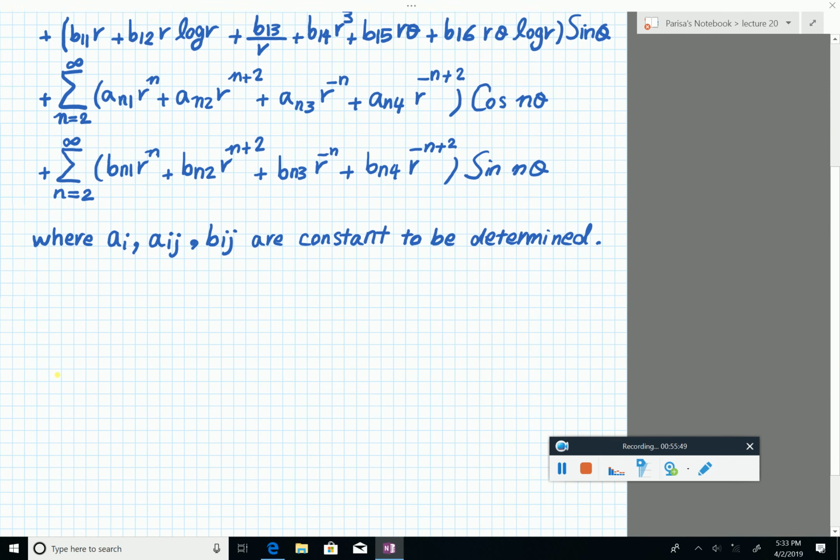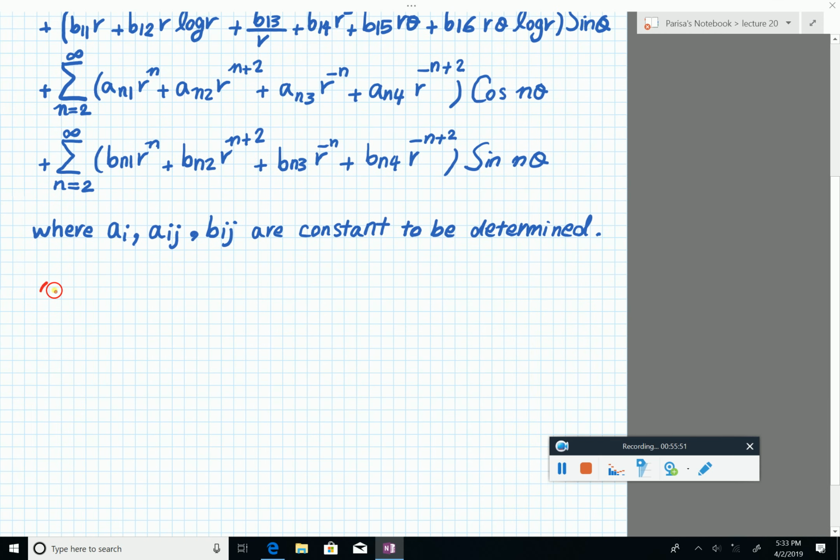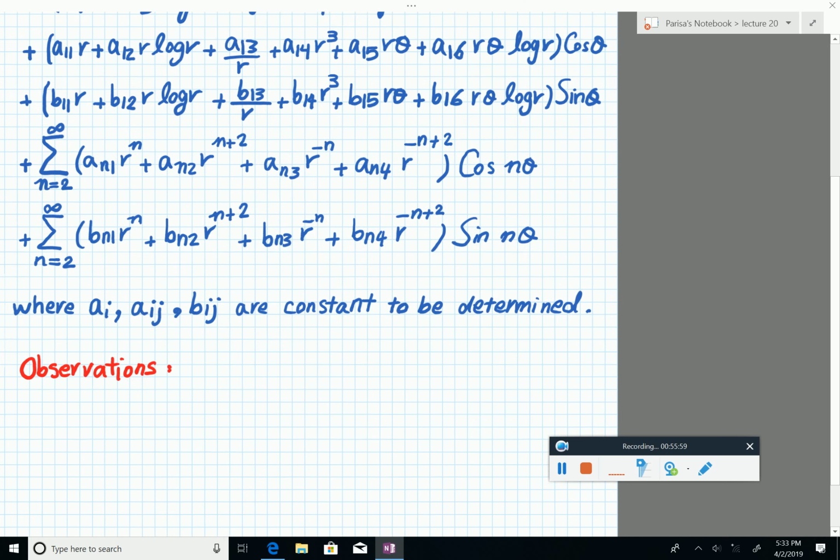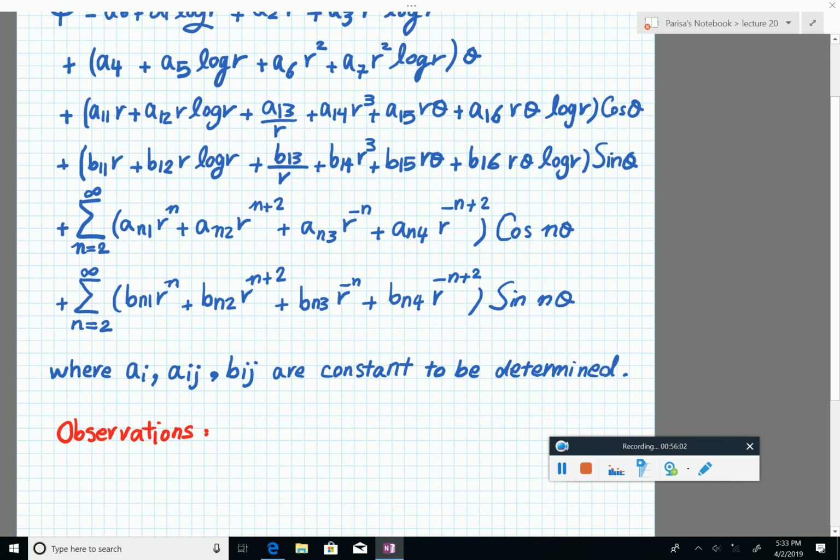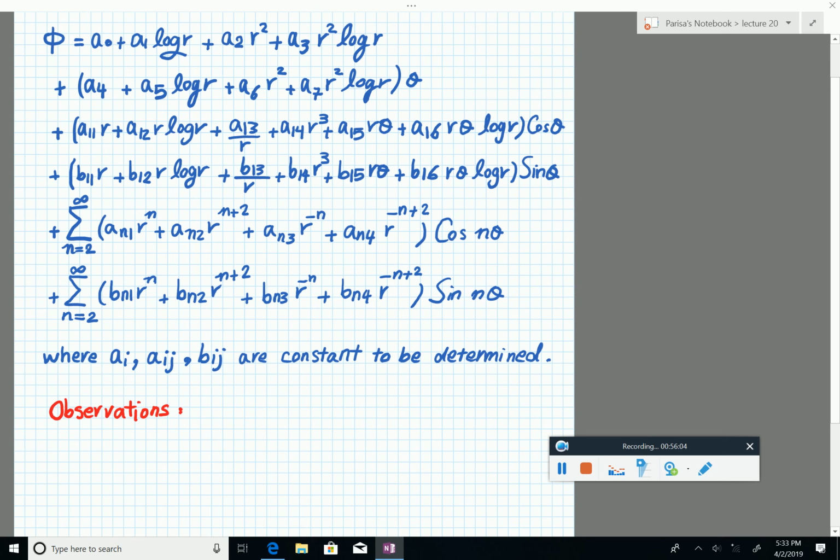So, observations. So now we wrote it down. We want to look at it, basically. It's hard even to fit it all in one screen.